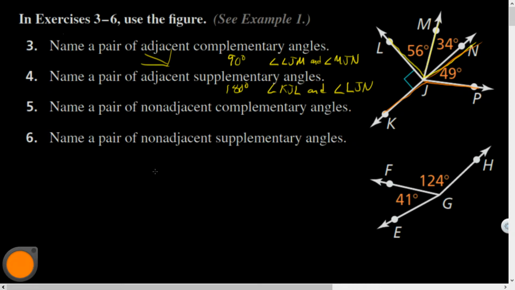Name a pair of non-adjacent complementary angles. So non-adjacent. Looks like the 41 and the 49 are complementary and not adjacent. So I'll say FGE. G looks like a 6, but that's fine. And NJP. Anyone spot any others?